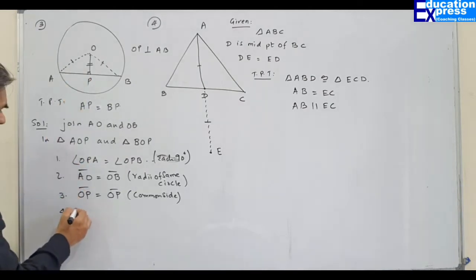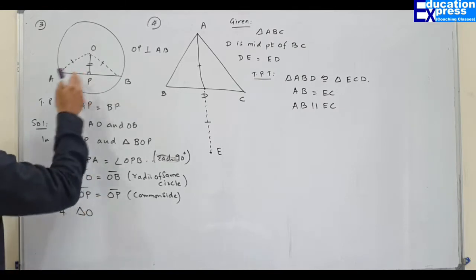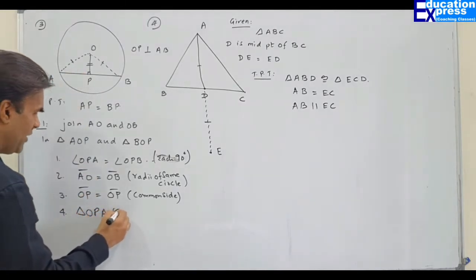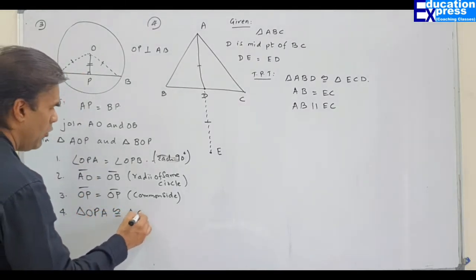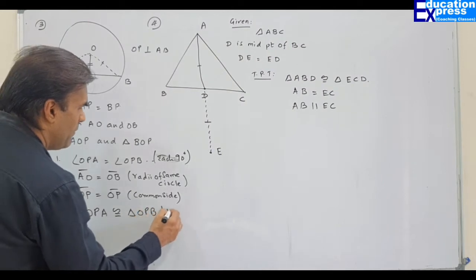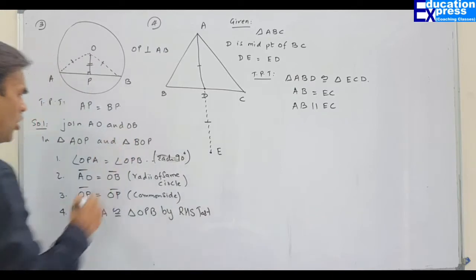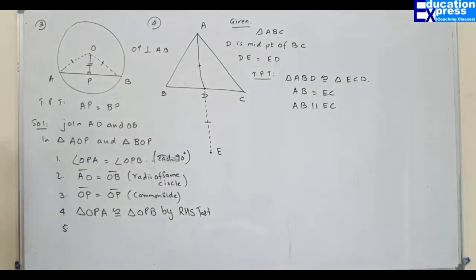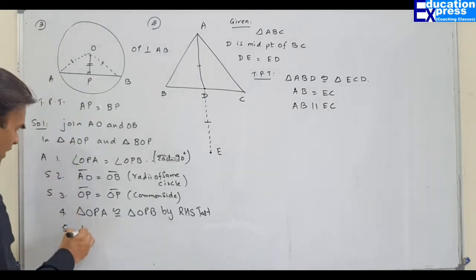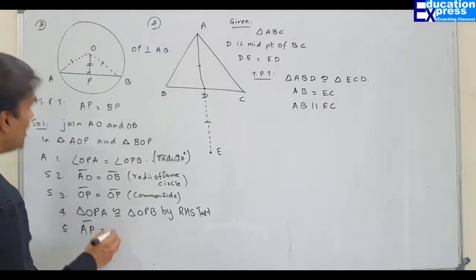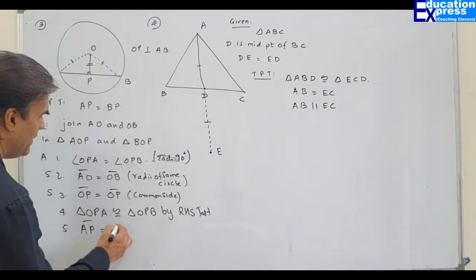So let us say that triangle OPA is congruent to triangle OPB by the RHS test of congruency. As a result, since we know this is an angle and this is a side, one more side is left out, which is side AP equal to side PB.